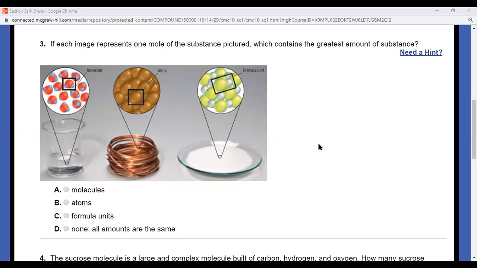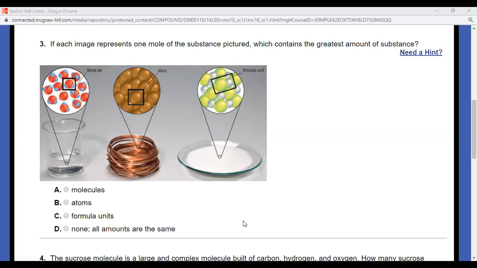Yes, question number 3, please. If the image represents one mole of the substance pictured, which contains the greatest amount of substance? You have mercury, molecule, atom, formula units, or none, all amounts are the same.